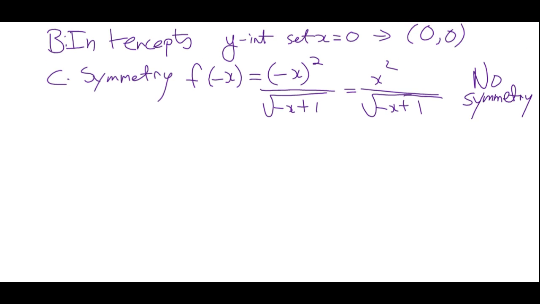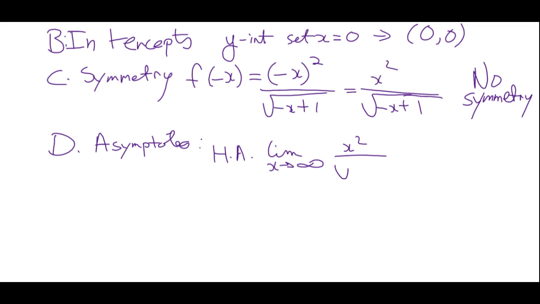Asymptotes. The horizontal asymptote, if there is one: limit as x approaches infinity. I'm not doing negative infinity because it only goes one way, right? So it's not plus or minus infinity. There is no negative infinity. It's not in the domain.